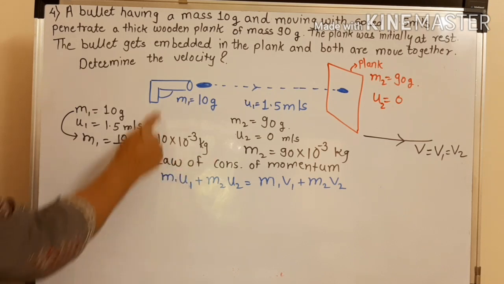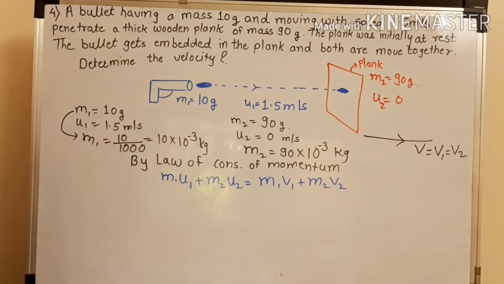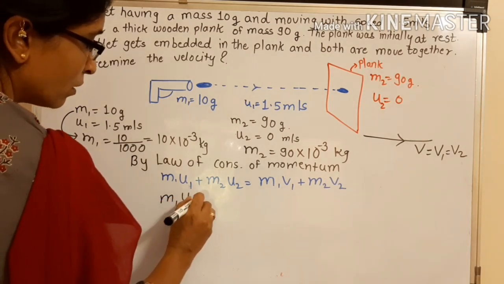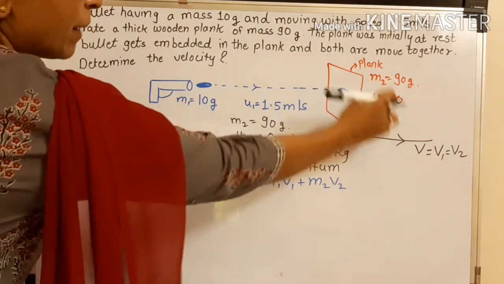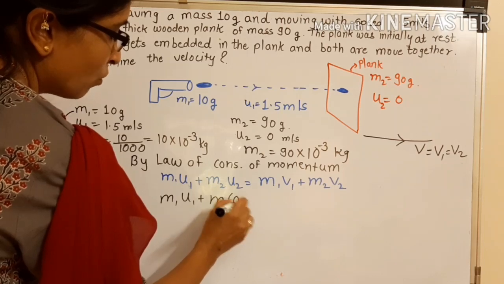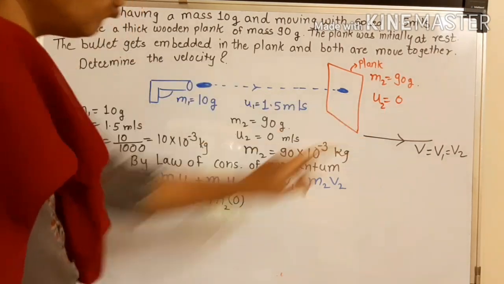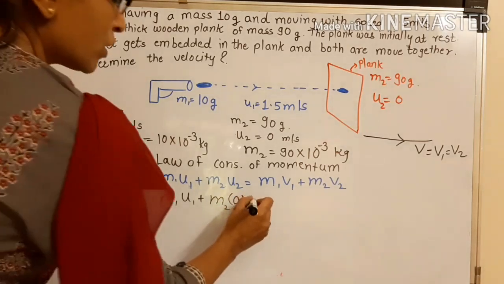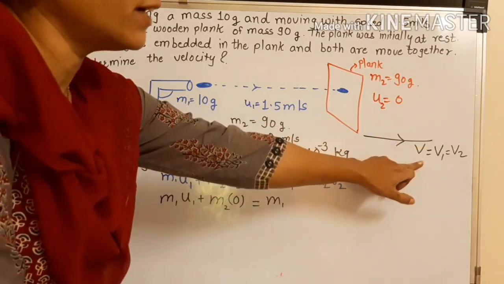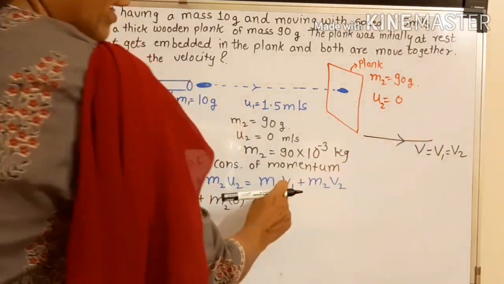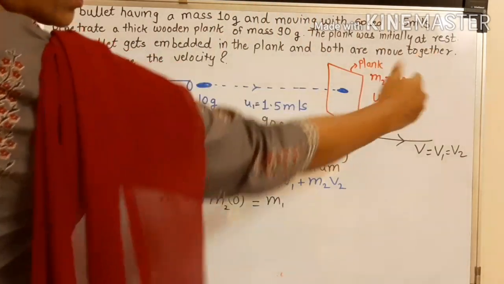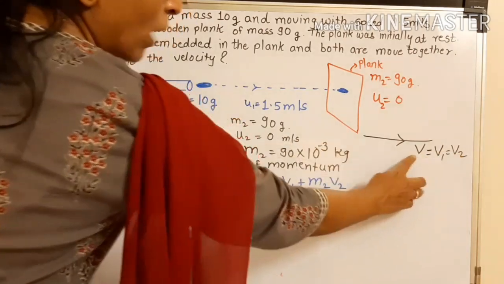Now we substitute the values which are given here. M1 U1 plus M2 into U2, but U2 is 0. See here, this is U2, I substitute 0, which is equal to M1. For V1 and V2, I just write V, because the plank and the bullet travel with the same velocity.